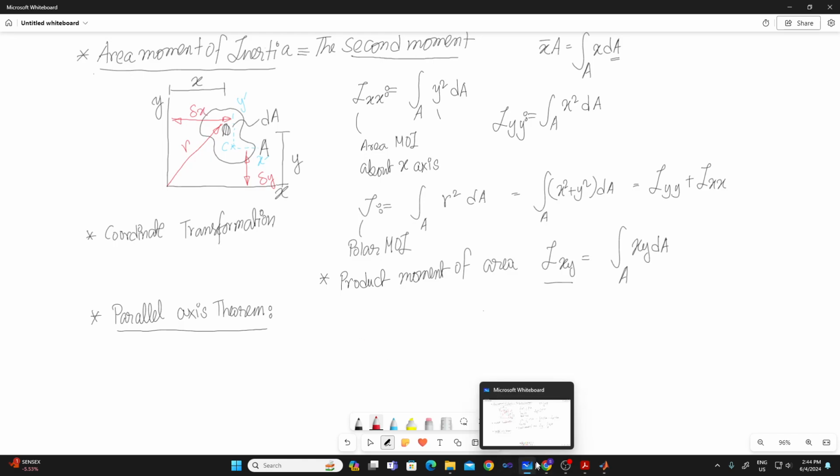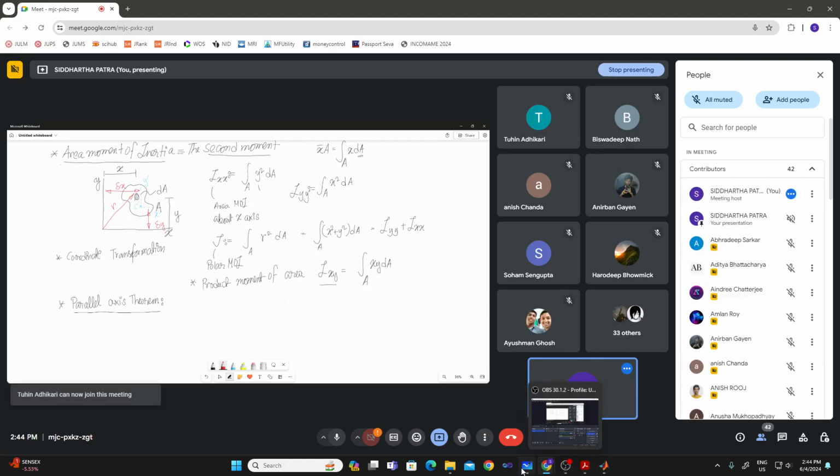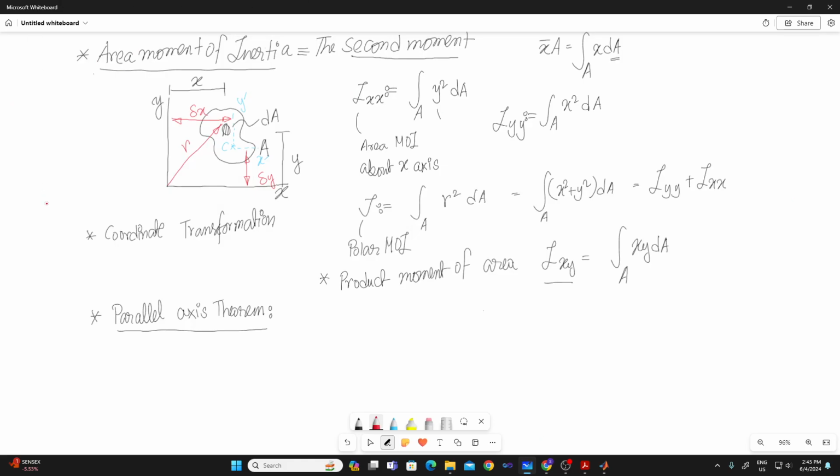That means if the centroidal, sorry, okay, there are better ways to represent this actually. So for that, this is what we will do.